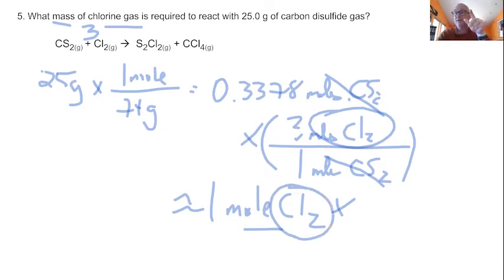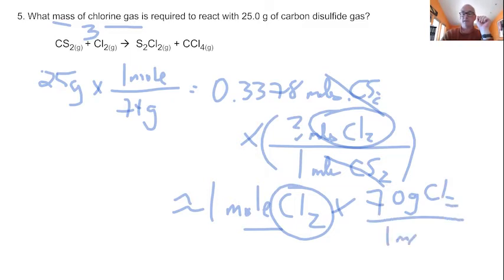So anytime you're dealing with molecules, you have to figure out how many atoms are in the molecule. 2. So if 1 mole of chlorine is 35, 2 moles of chlorine is 70. So you need 70 grams of Cl2 over 1 mole of Cl2.